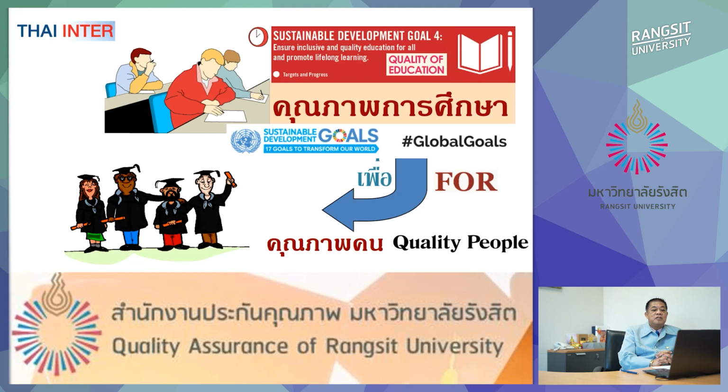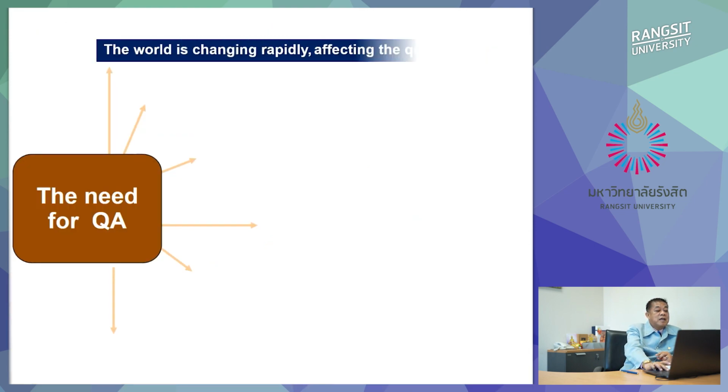We do the assurance in order to make people qualified, or quality people. The need for QA, one: the world is changing rapidly, affecting the quality of the people. That means the quality of education also has to be better developed.